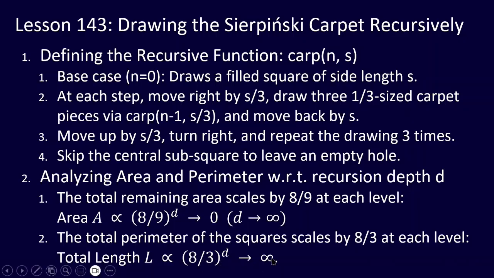Okay, so it goes to infinity because this is over 1. So this shows that although the area is limited or goes down to 0, the total perimeter in that area goes to infinity as d goes to large numbers. Okay, so it's an interesting finding.